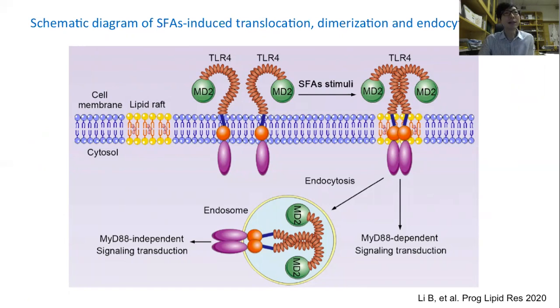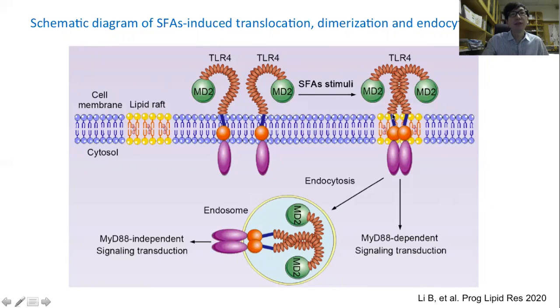This is a schematic diagram showing how saturated fatty acids will promote toll-like receptor 4 related intracellular signal transduction to facilitate inflammation. Here we see that saturated fatty acid stimulus will facilitate the recruitment of inactive monomeric toll-like receptor 4 into a lipid raft, shown here by the arrows, after which toll-like receptor 4 will form a homodimer in the presence of the co-adapter MD2.